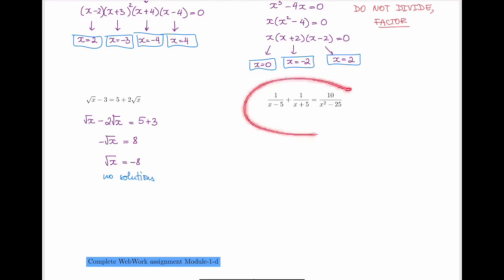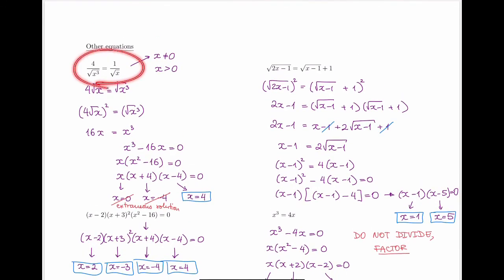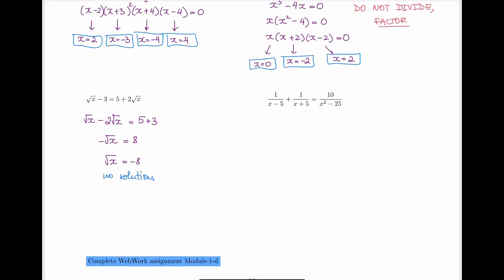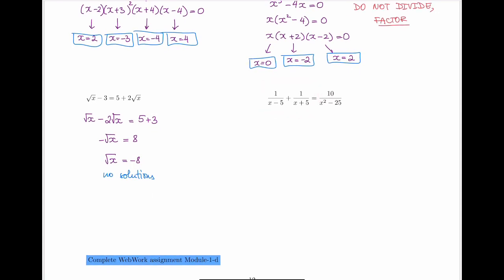In this last question here, I have a lot going on. I have several parts with x's appearing in everything. So this is somewhat reminiscent of the first question that we did in terms of having denominators, except here the left-hand side has two things. So before we can do anything, I'm going to have to do common denominators on the left-hand side.